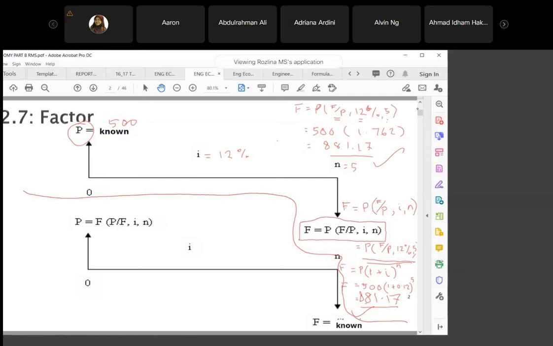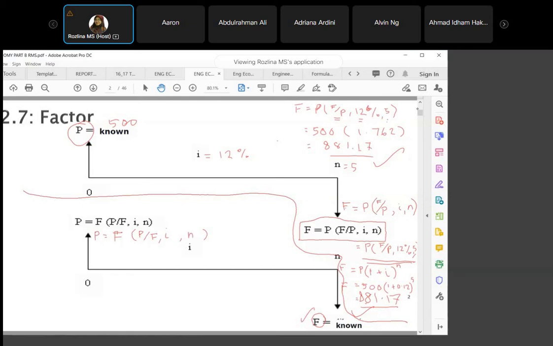Okay. Same as this one. If the F is known, the unknown is P. So how to write the formula? You don't know the value of P. You are given F. So how to write the P? P is equal to, given F, bracket, P over F, I, N. So just write the formula dulu.